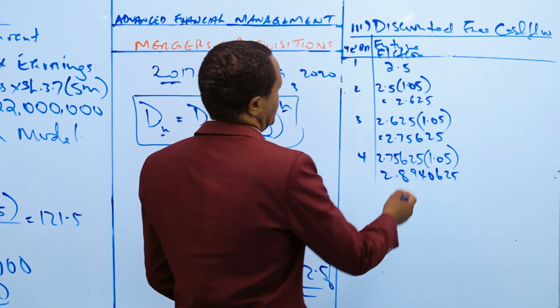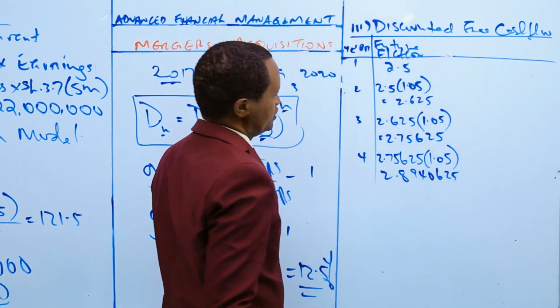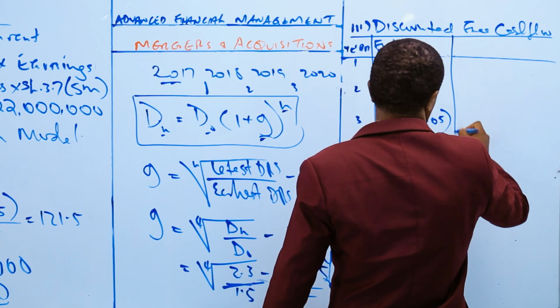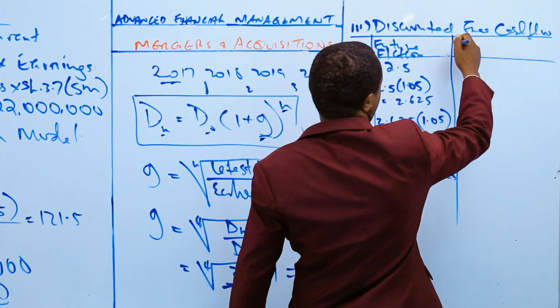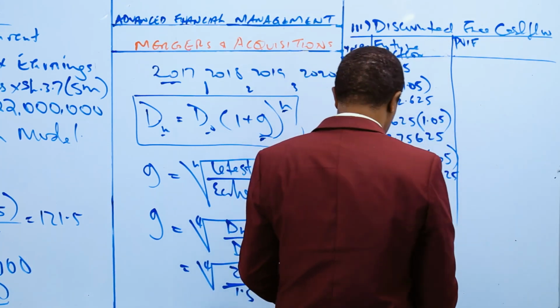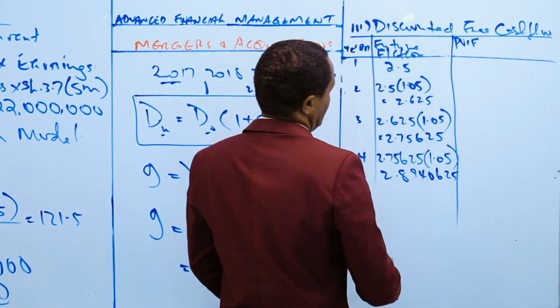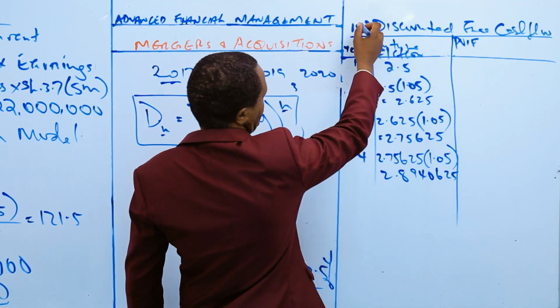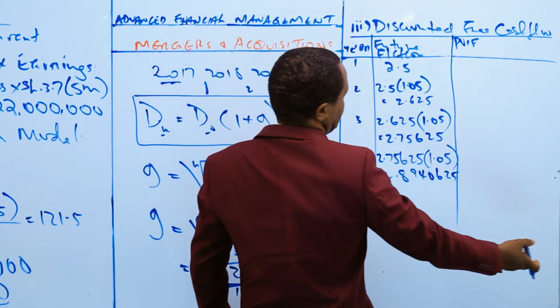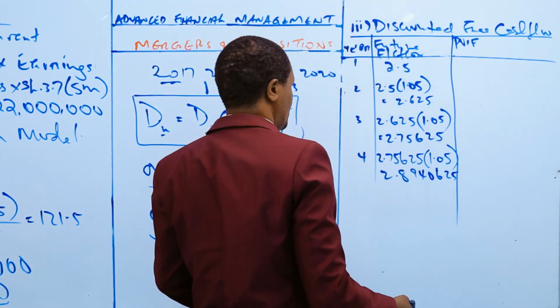So these are the future cash flows, which I come here and discount using the present value interest factor. What is the rate? We need to discount these future cash flows because we are using the discounted free cash flow method. We discount them back to the present values.